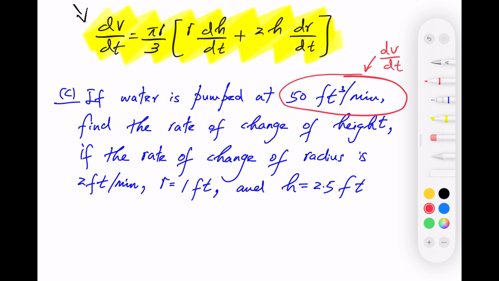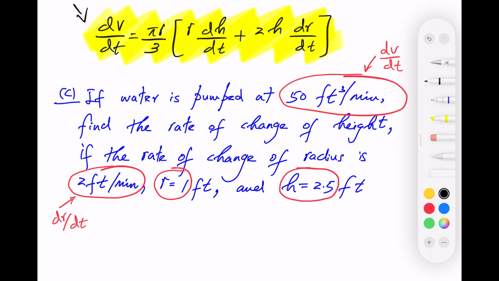If the rate of change of radius is 2 feet per minute, this is dr by dt, rate of change of radius, and r is equal to 1, h is equal to 2.5. We will simply go ahead and substitute these values in that equation. dV by dt is equal to 50. That should be equal to pi r over 3.